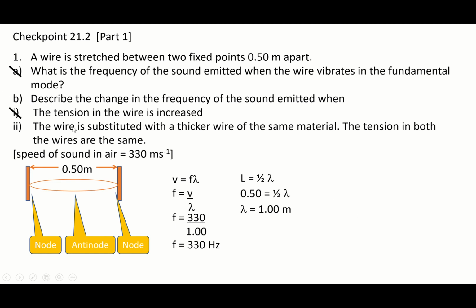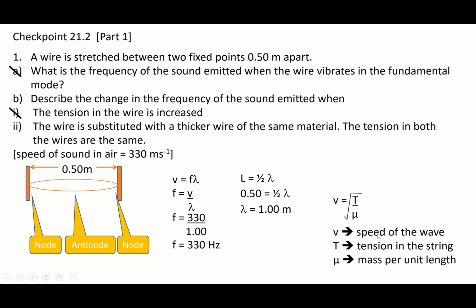Okay, next question. Describe the change in the frequency of the sound emitted when the tension in the wire is increased. From the equation v equals square root of T per mu, where v is the speed of the wave, T is the tension in the string and mu is the mass per unit length, the speed of the wave is directly proportional to the square root of the tension. And v equals f lambda, so v is directly proportional to the frequency.